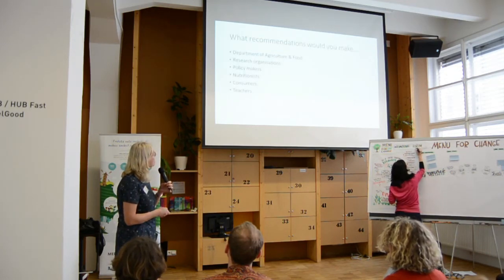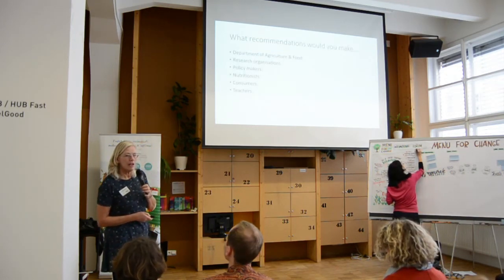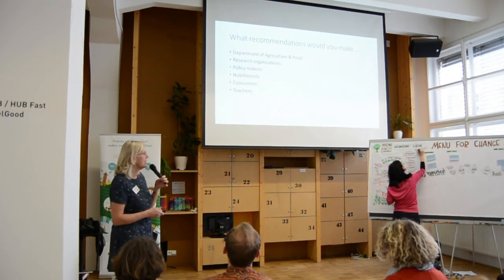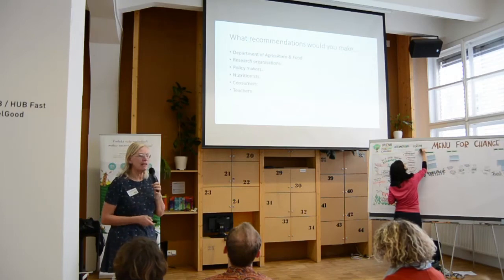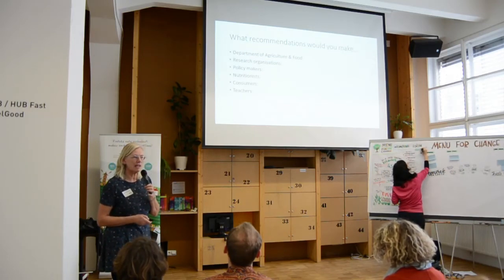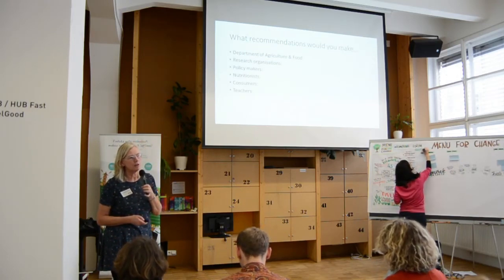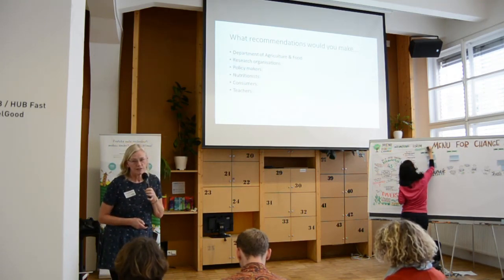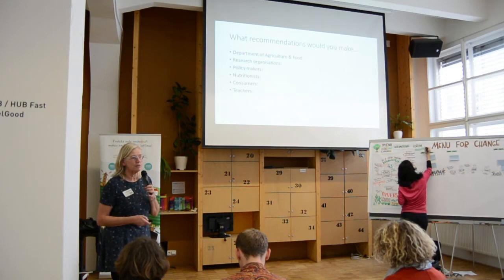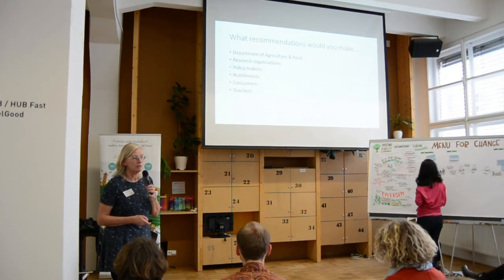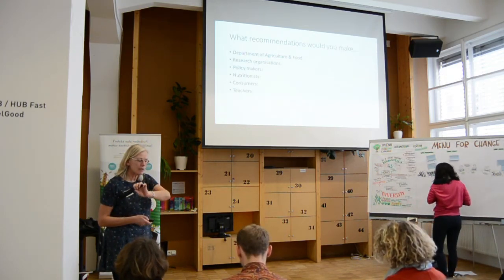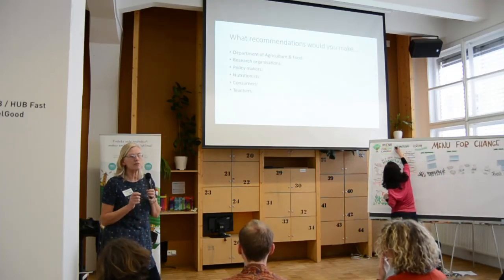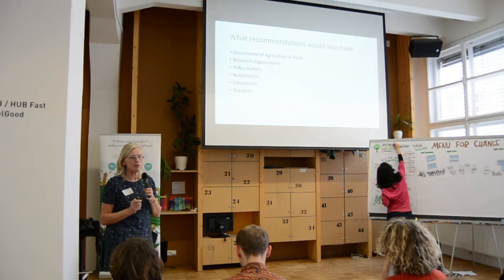So this is sort of final idea really, is about what kind of recommendations would we want to make. So when we talked earlier on about farmers, there are lots of other people involved with this food system, and what can they do? So we've got another few minutes, so maybe just 5 minutes in your same groups.